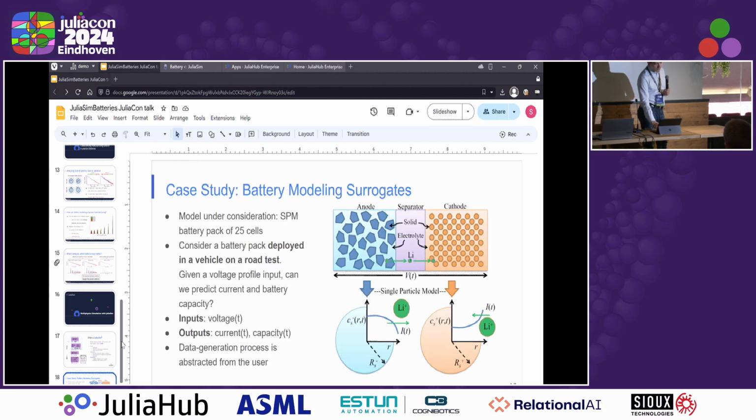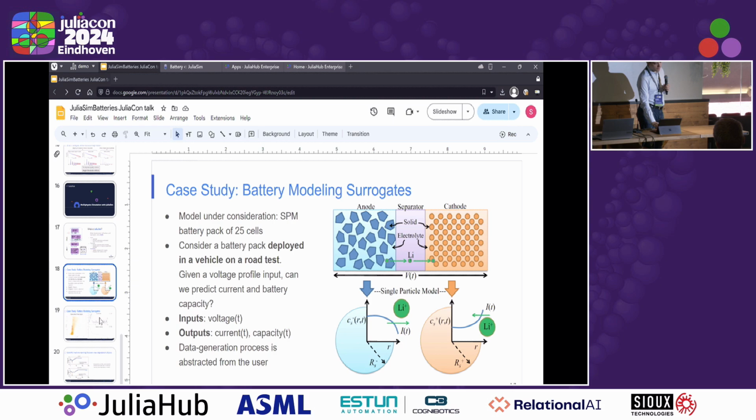You can take the model that you have for a particular battery, and if you want to accelerate that and run it very fast and do optimization on it, or include it in processes that need quick estimations, you can use surrogate modeling.